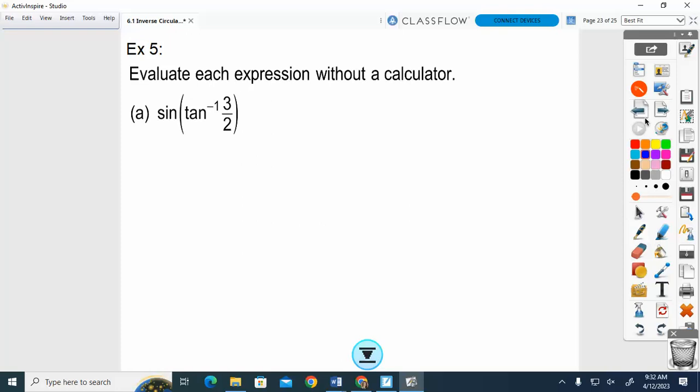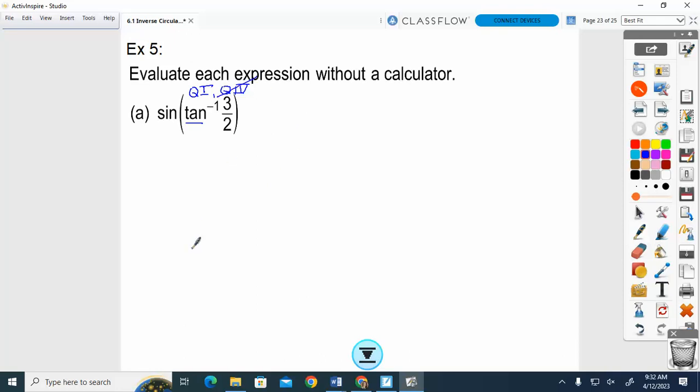Do we know when tangent is equal to 3 over 2? No. So I can't even figure out the angle. Let's talk about it. Tangent inverse, what quadrants can it be in? Quadrant 1 and quadrant 4. Which one is it in?